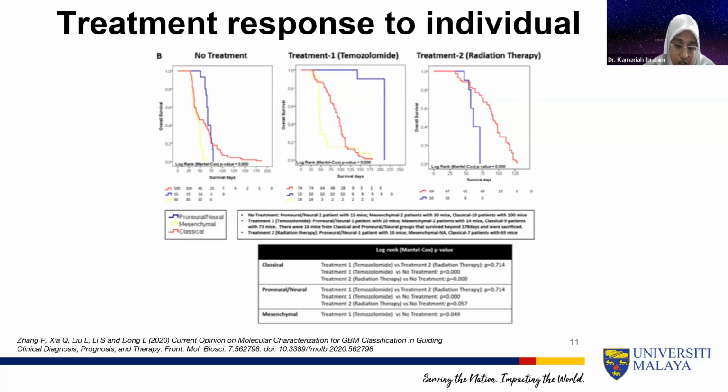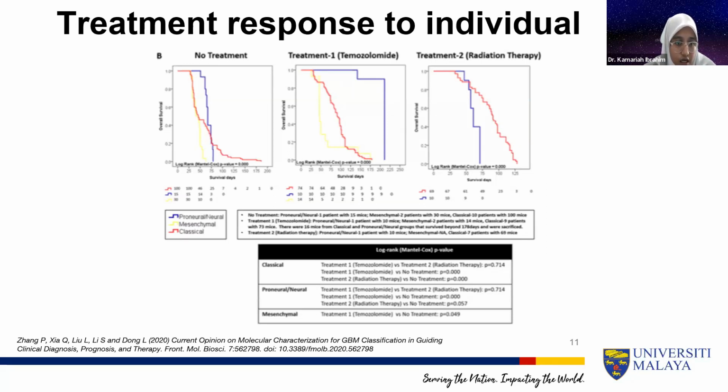in this case, this is actually a mice study, an orthotopic xenograft model. They took the tumors from patients, profiled them, and then xenografted them onto mice to see whether treatment with temozolomide and radiation therapy would benefit these different groups.